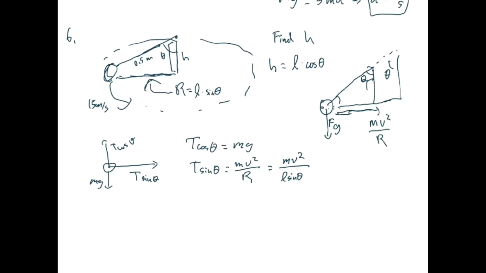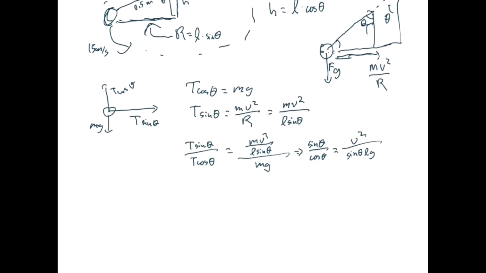So again, we want to eliminate T. So let's divide our equations. T sine theta over T cosine theta equals mv squared over L sine theta divided by mg. Okay, and then after simplifying, sine theta over cosine theta will be equal to v squared over sine theta Lg.